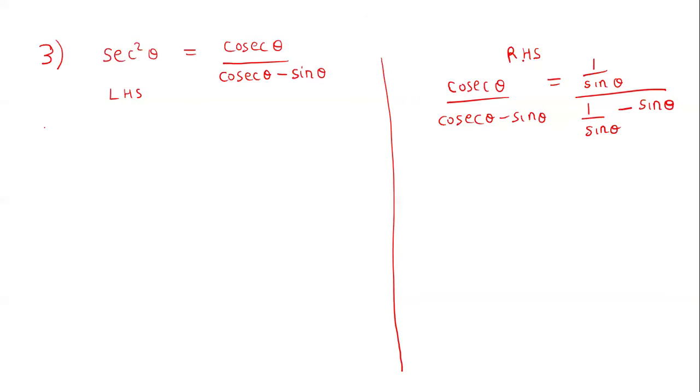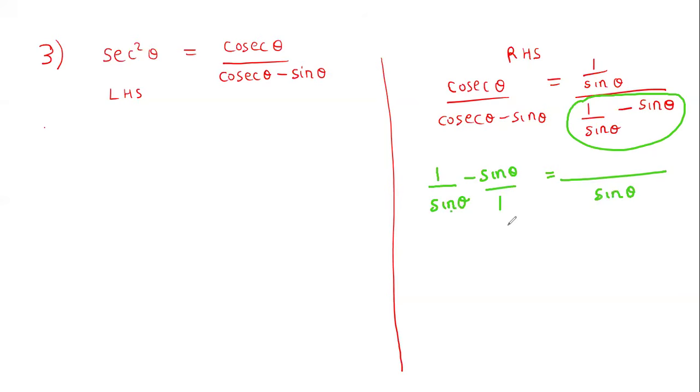Now, looking at my denominator, I can first write it in a simple way: 1 out of sine of theta minus sine of theta. But what is my LCM? This is like out of 1. My LCM is sine of theta. Sine theta divided by sine theta is 1, times 1 up, minus sine theta out of sine, this is 1 times sine theta, you get sine squared of theta.